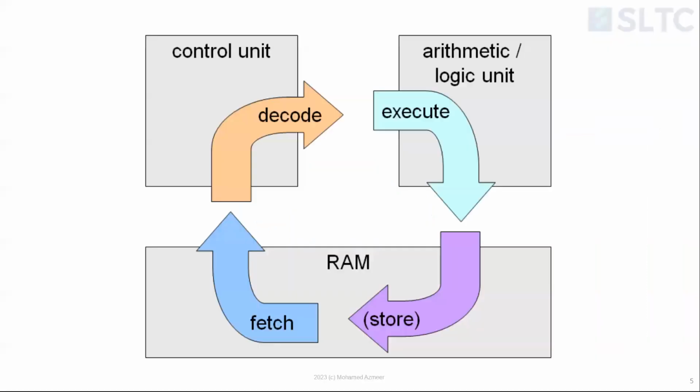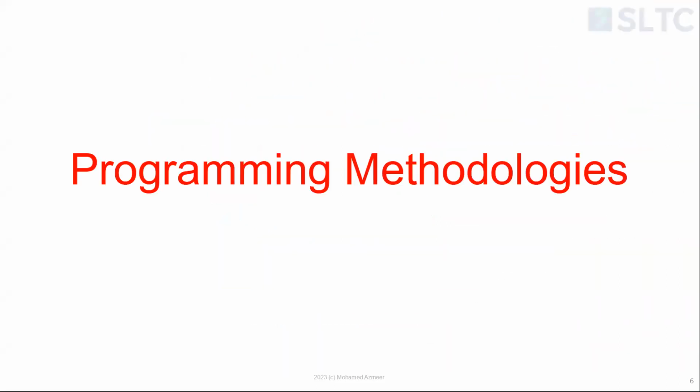If you go back to the presentation, here it is. First you start by fetching, then you decode it, then you execute it, and then you store it. This is the very simple mechanism of how computers work. But when it comes to humans, we have been programming computers in all kinds of different ways.